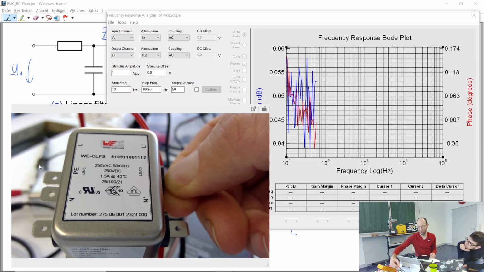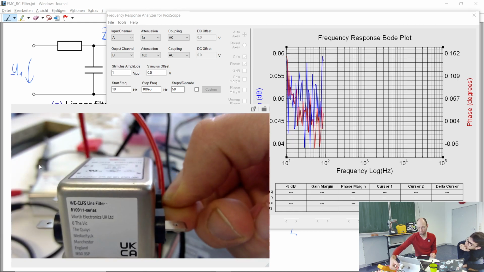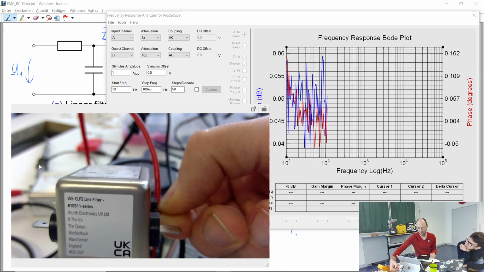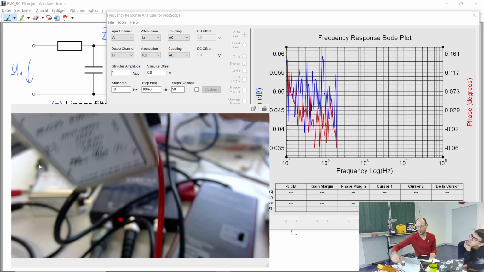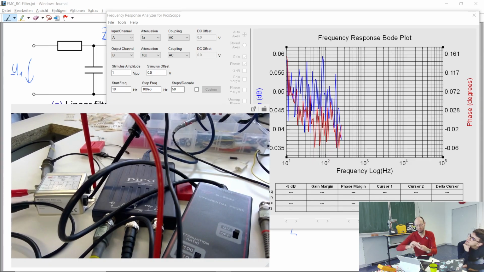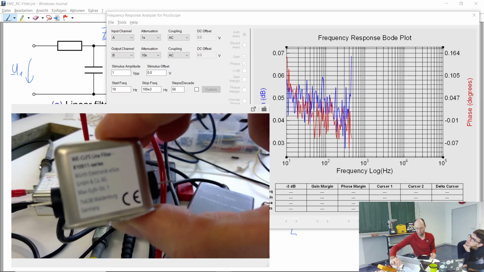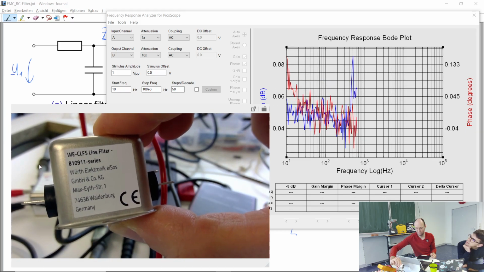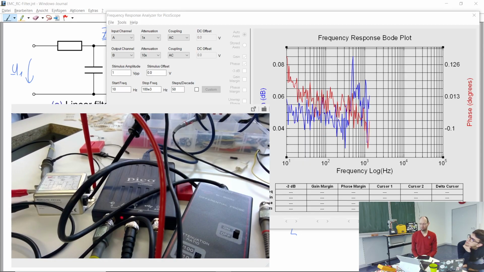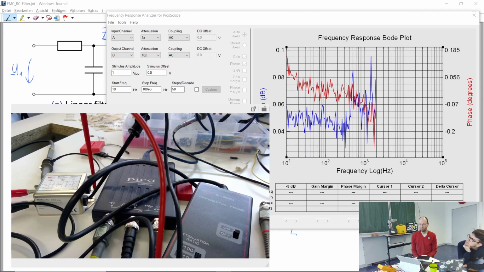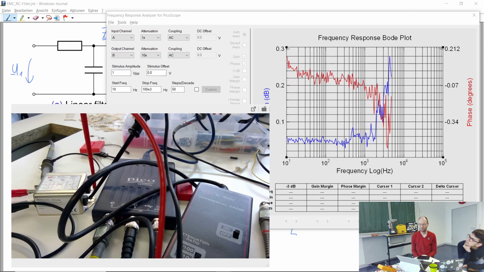So we would need to check the data sheet of this to find out what this is. But okay, here is something more. It's a line filter, but also no more values. And I think there's the very same sticker here on the other side. Yeah, and of course the fluctuation of this curve is somehow noise.